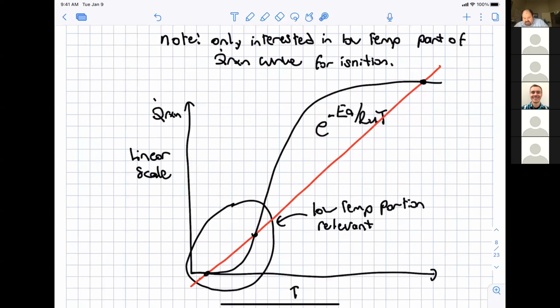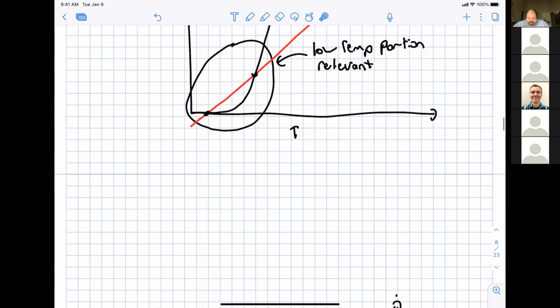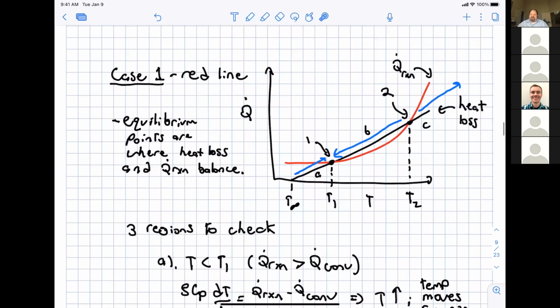But this third point is complete nonsense for these types of problems, because the temperature at this point would be about 10 to the 19 Kelvin. So for this type of problem, that is complete nonsense.